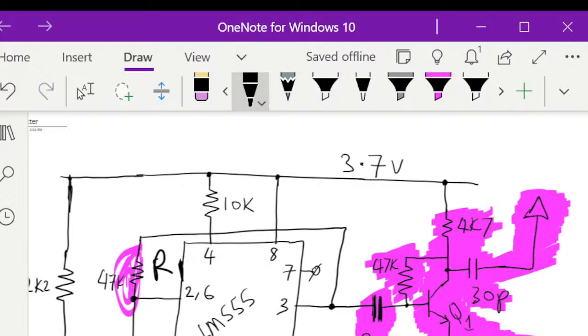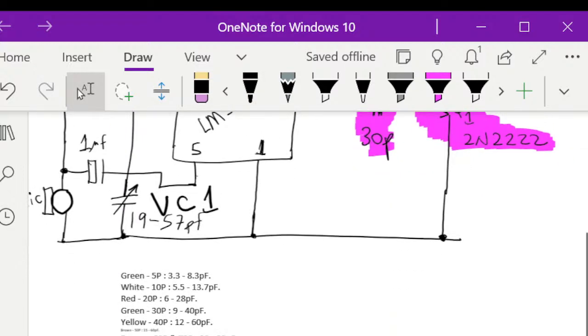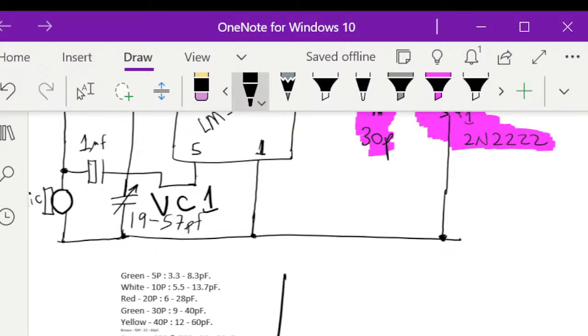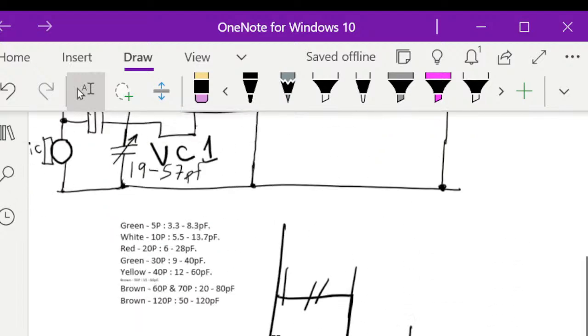What it then means is that your charge time and discharge time are equal. And if they're equal, then the on time and off time will be approximately equal. So the time the output is on and the time the output is off will be identical. Let's just do this to mean equal. On time, off time are equal.